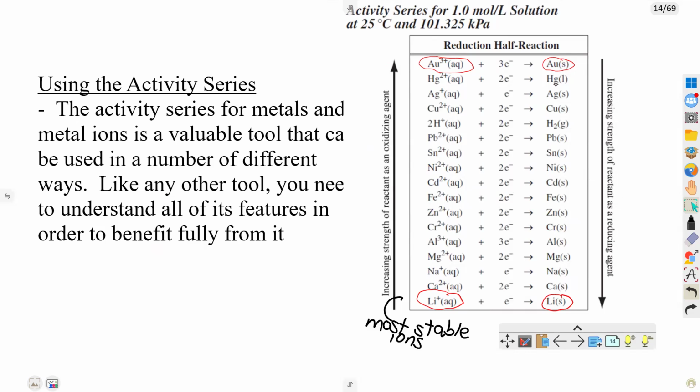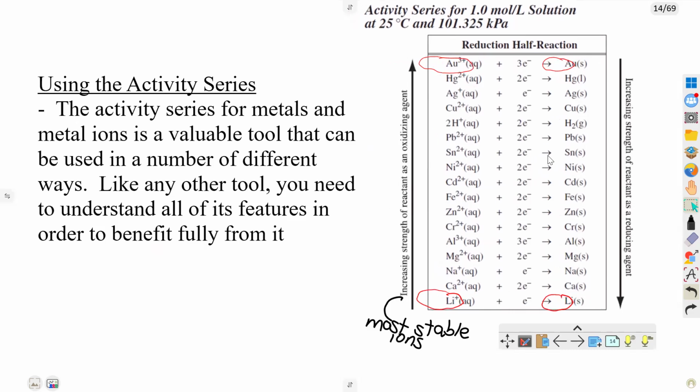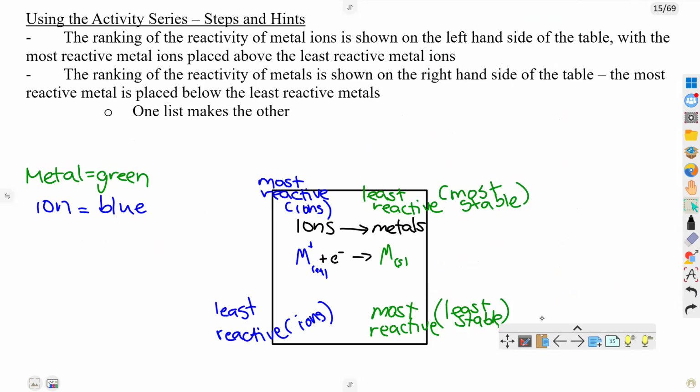And on the other side, the metals are seen as reducing agents, meaning they will cause something else to be reduced, i.e., they become oxidized. And so if we can understand this table here, we'll be able to predict what kind of reactions are going to be happening as we look at some of these reactions.